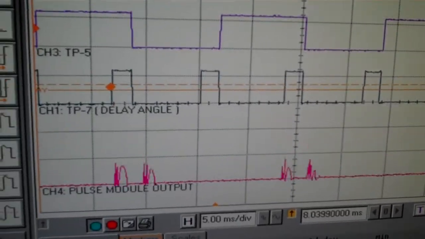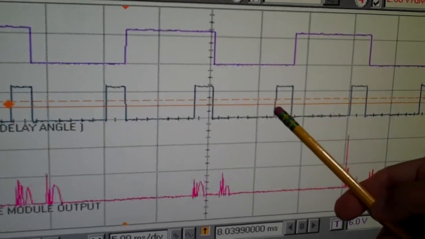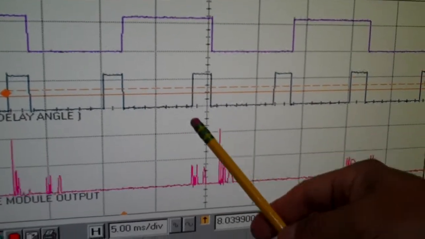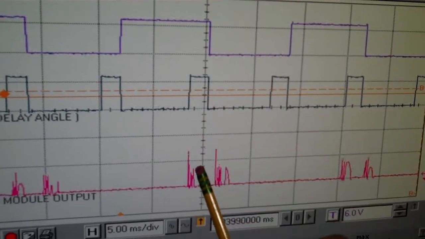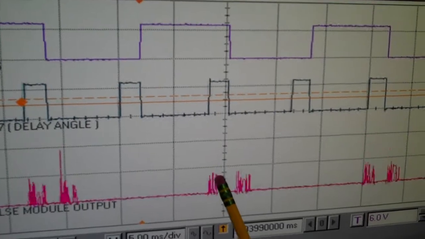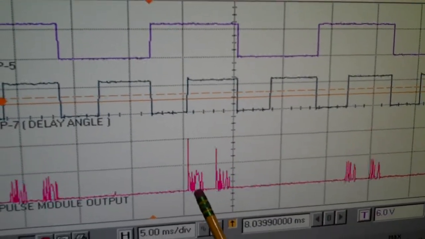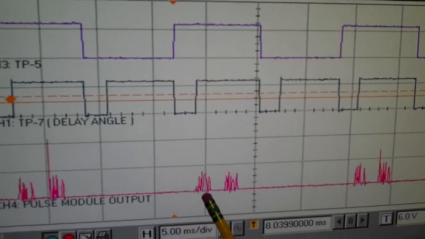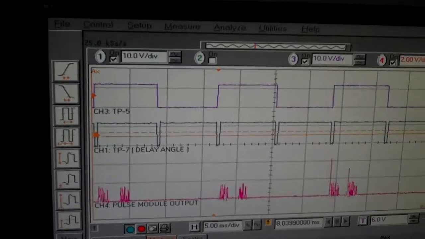So here what we have is our delay angle is maximum. We start here. This is where we are starting to fire. Go ahead and start increasing, Tony. We are reducing the delay, basically getting it as close to this. So we're advancing the fire, and that's why the SCR is conducting as part of the sinusoidal waveform.